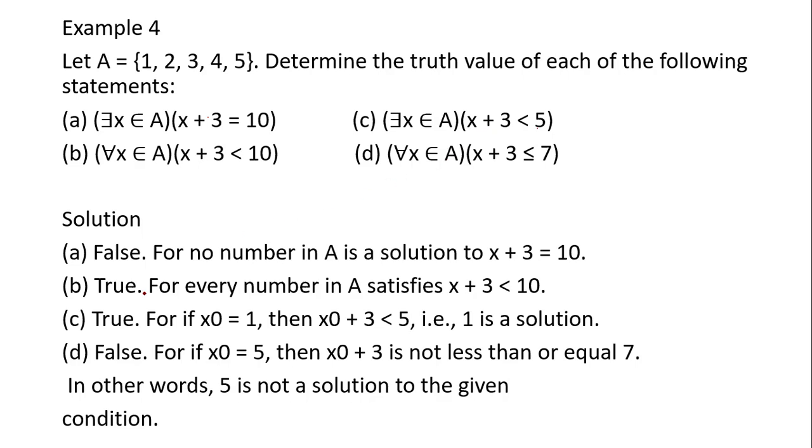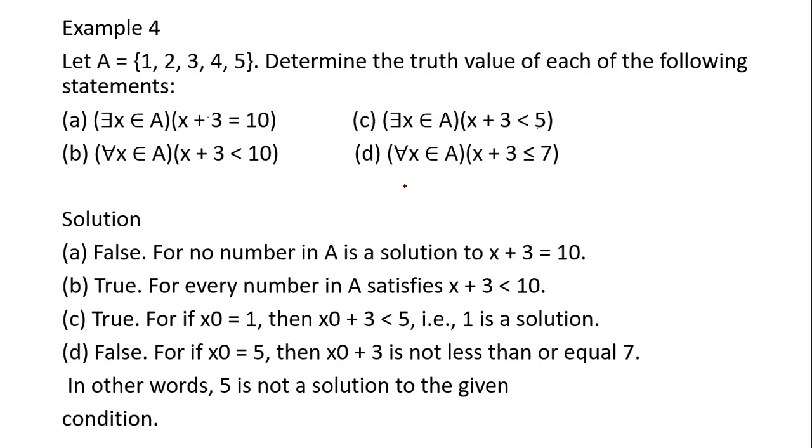So C is true for x naught equal to 1. Then you have x naught plus 3 is less than 5. You have 1 plus 3 is 4, which is less than 5. Hence, it is true.